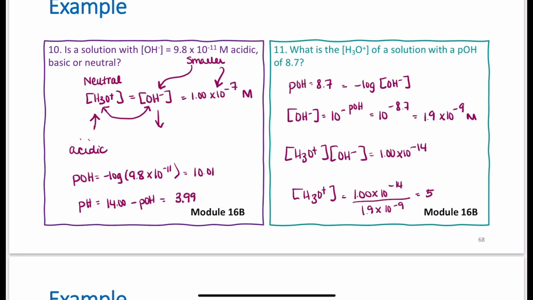Let me check this because I need to make sure I got my sig figs. 1e negative 14 divided by 1.9e negative 9 is 5.3 times 10 to the negative 6. And that's my hydronium concentration.